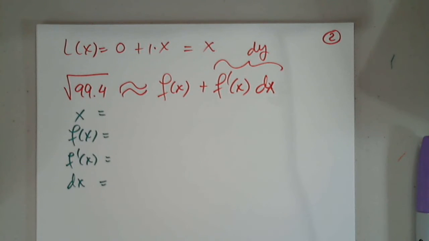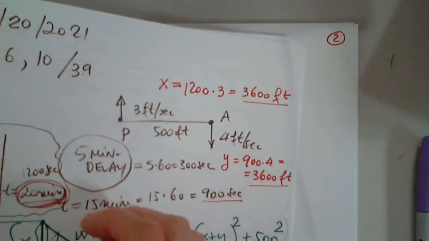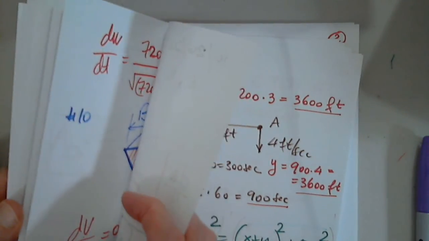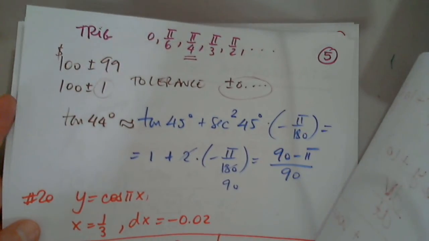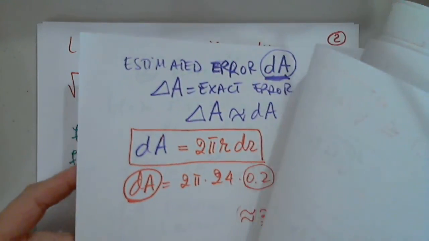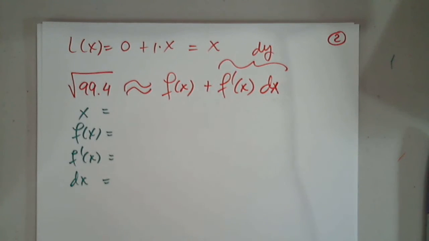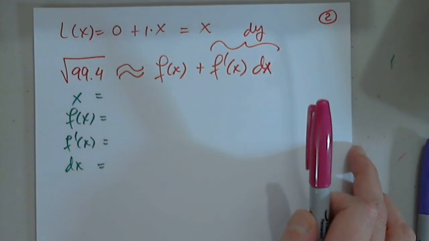Any questions? Can anyone help? Is x 100? Right? So we did a trig function one last time, and we had a couple of examples prior. Yes. So what is x? Well, whatever you want to tell me.